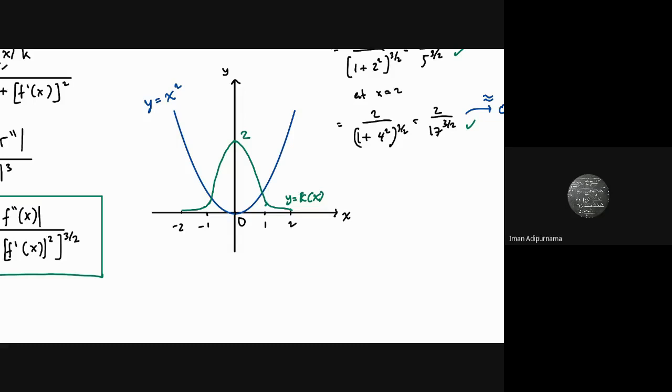We see the curvature at x equals 0 here is the highest, right? It's the highest because at x equals 0, the gradient changes rapidly from negative to positive after it crosses 0.